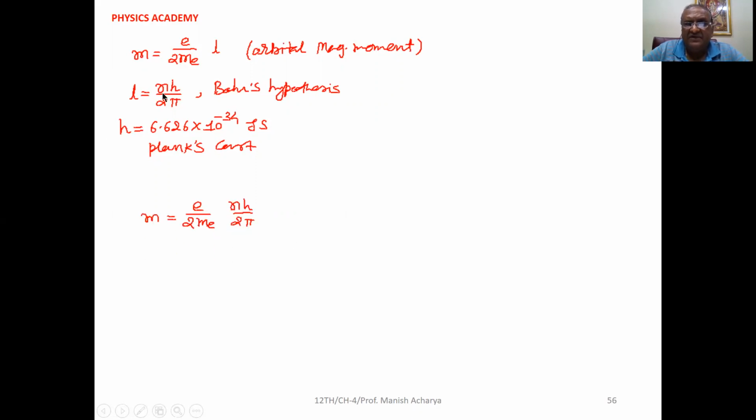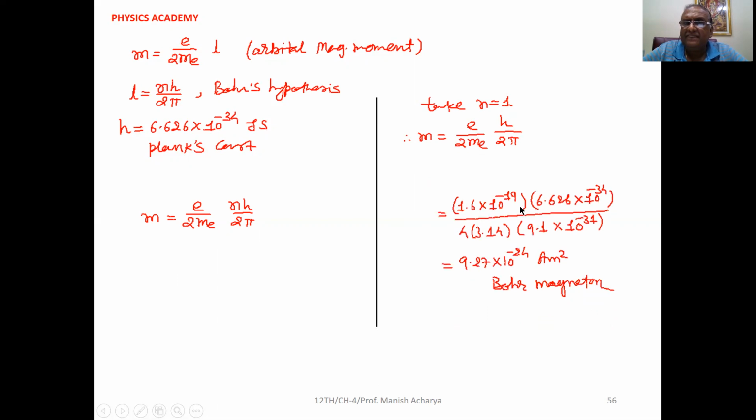Now substitute this value of L here. So m is equal to e upon 2me into nh upon 2 pi. Now see here, in this equation, if we take n equal to 1, then we can write m equal to e upon 2me into h upon 2 pi.